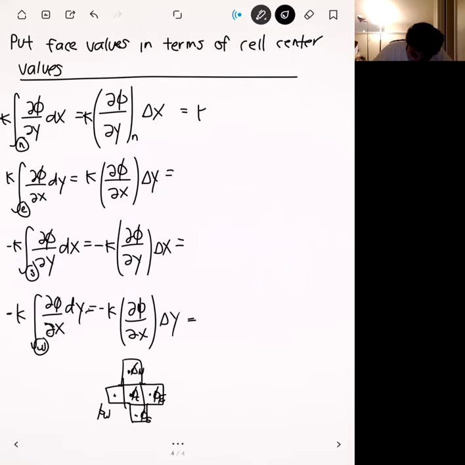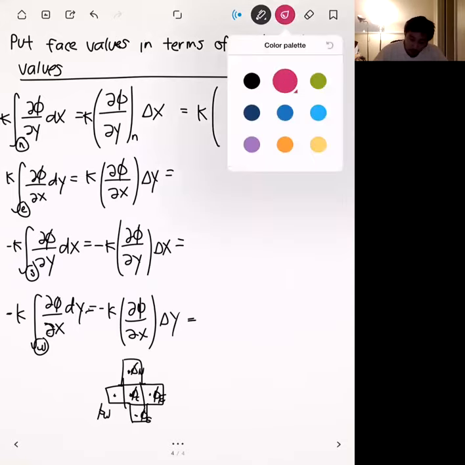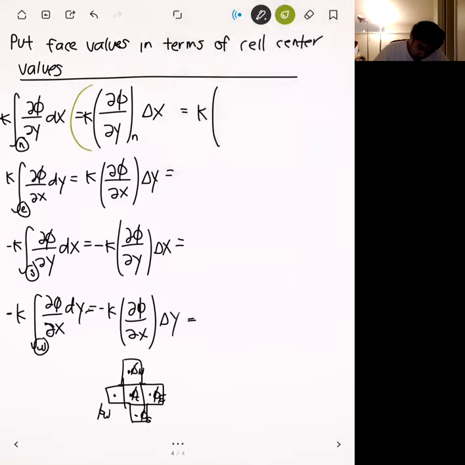Okay. All right. And so plugging in a finite difference approximation for these derivatives, for the north side, what we see is that we have d phi dy on the north face, right? So let me go ahead and color code this. Okay. And so this guy is going to be on this face right here, right? And so the north face is the one between phi sub c and phi sub n, okay?